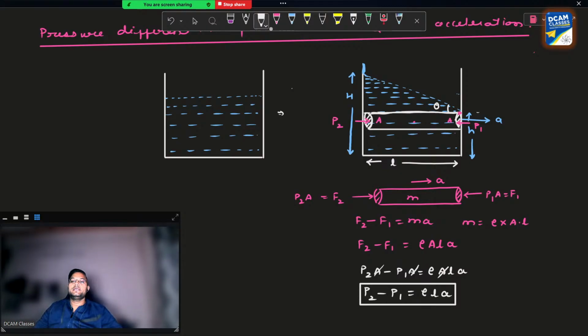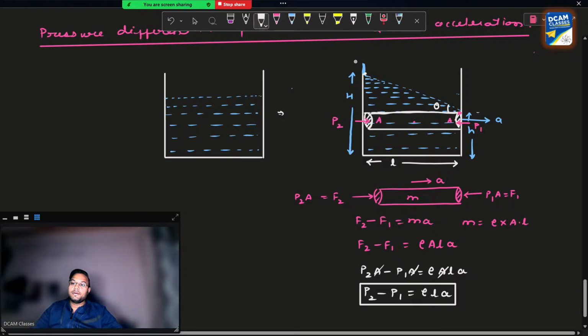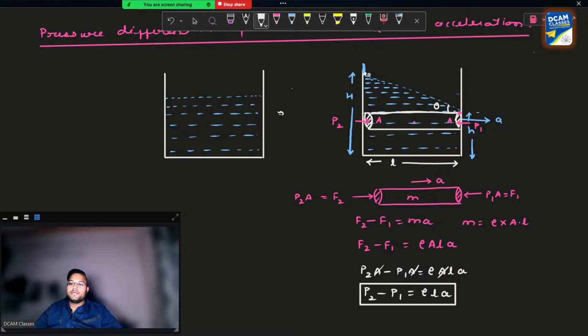But how to find this difference? If I move on to the upper one, just look at the diagram. There is a pressure difference due to height also, because acceleration due to gravity acts. This is P naught. P1 is open to atmosphere, so I can write it as P naught.